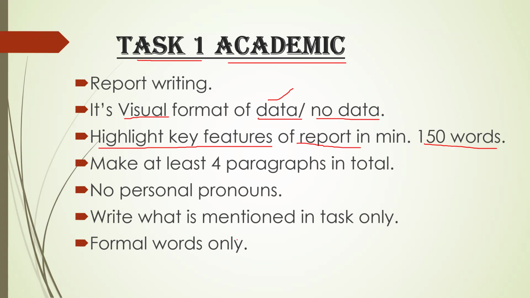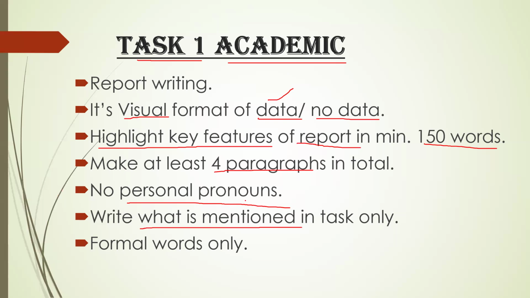and the paragraphs that you have to make here are at least 4. There must be at least 4 paragraphs in total. You don't have to use any personal pronouns like I, we, you, they. These are not allowed in task one. Then you have to write what is mentioned in the task, meaning you don't have to assume anything.